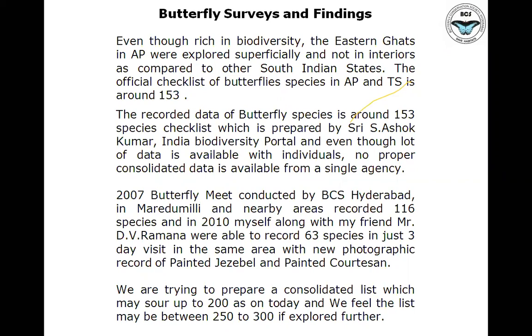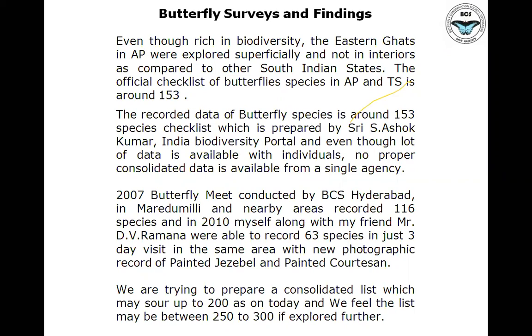The official checklist of butterfly species in AP and TS is around 150. The recorded data is around 152 species in a checklist prepared by Sri Ajay Kumar on the Indian Biodiversity Portal. Even though a lot of data is available with individuals, no proper consolidated data is available from a single agency.